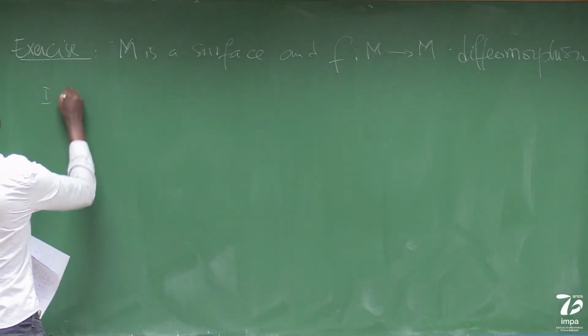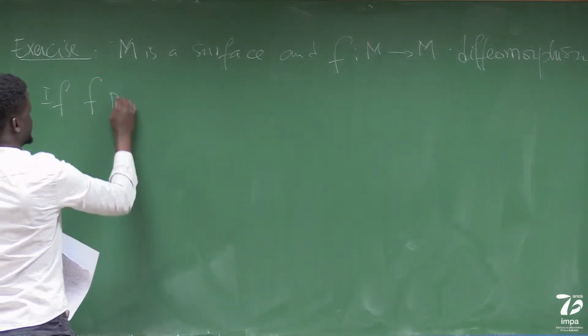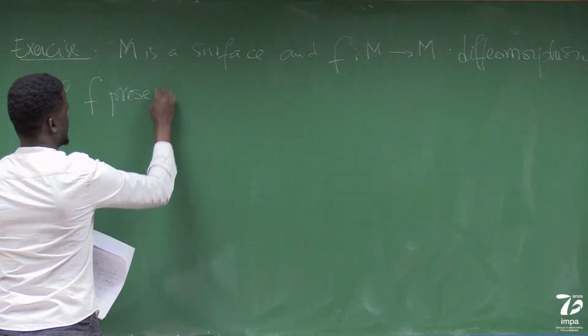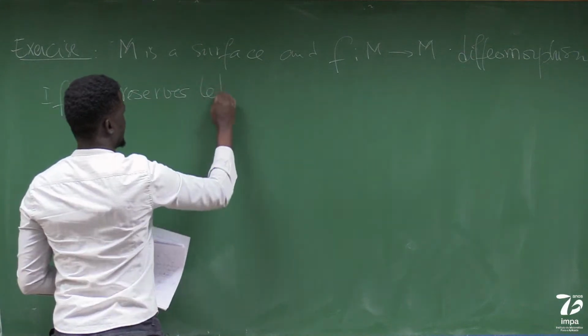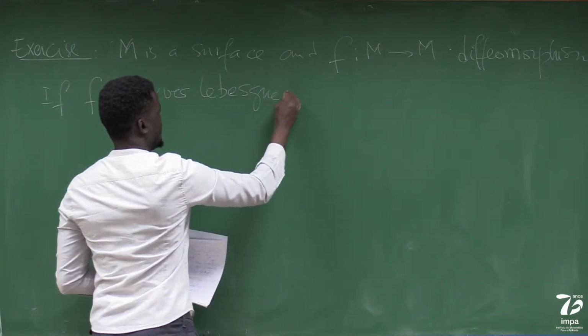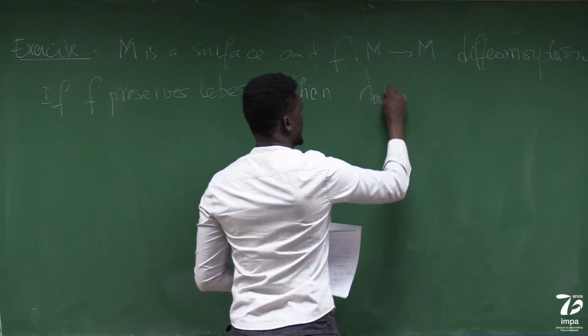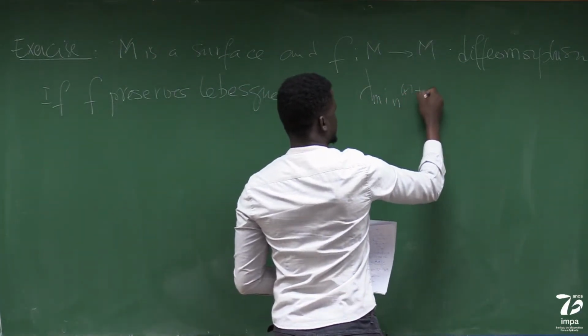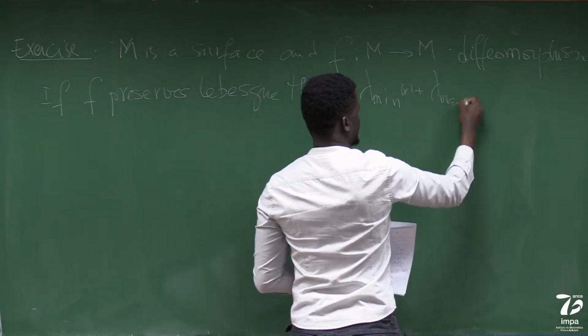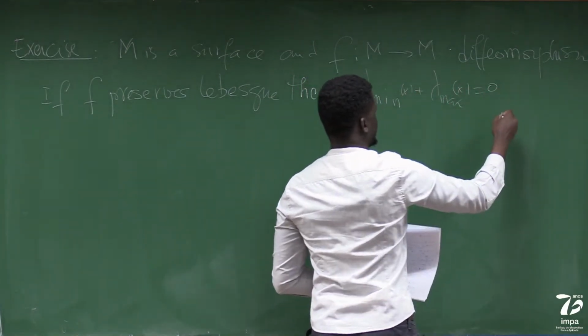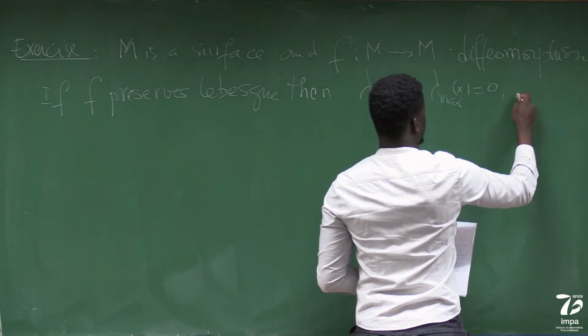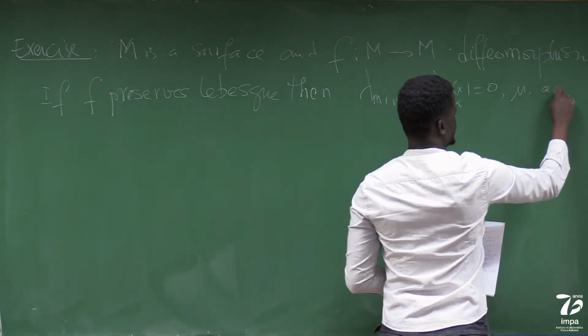So if F preserves Lebesgue, then lambda min of x plus lambda max of x is 0 for mu almost every x.